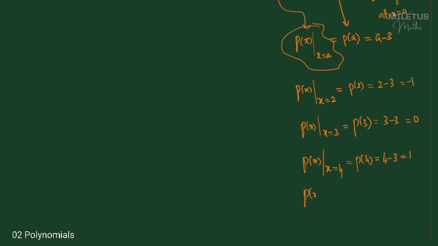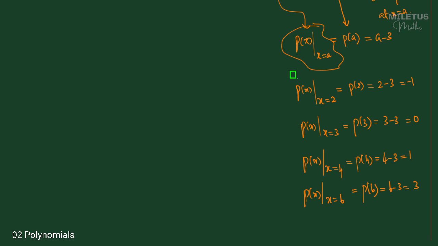Now let's take one more example. The polynomial p has a value at x equal to, let's say, 6, which is p of 6, and that is 6 minus 3, and that is equal to 3 over here. Okay, fine. Now among all of the things that we have seen so far, which number makes the value of the polynomial 0?